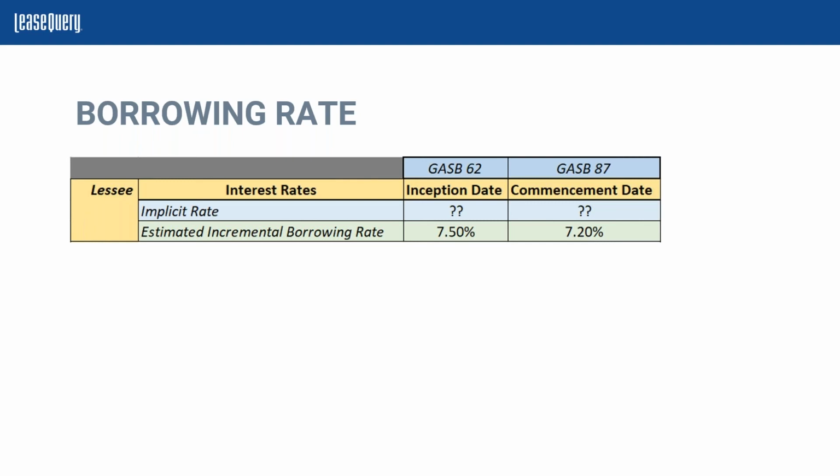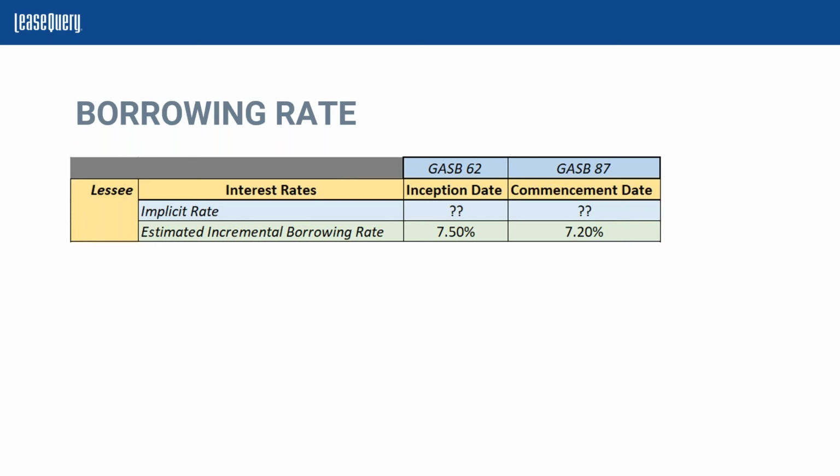GASB 62, under the legacy standards, mentions that the capital lease determines the rate at the inception date, which is the date that the lease is signed. However, under GASB 87, the new guidance, the rate is established as of the commencement date. This is the date on which the ownership is being transferred. So really a big difference here in the timing or the start time period of assessing the rates.